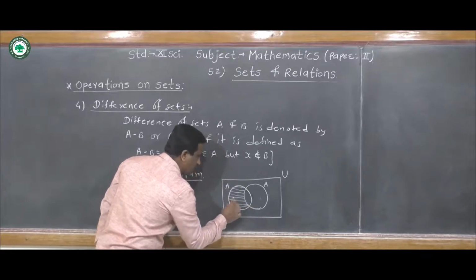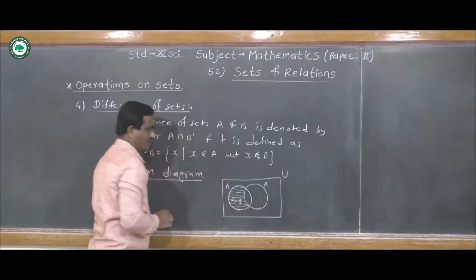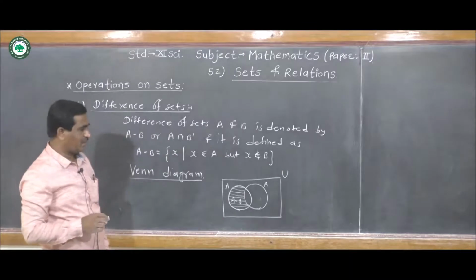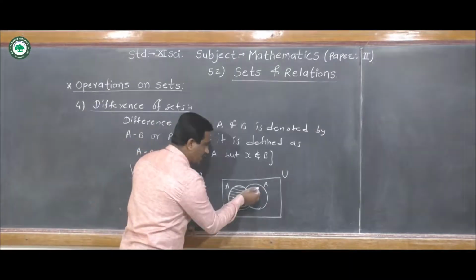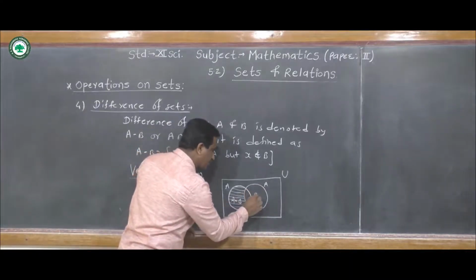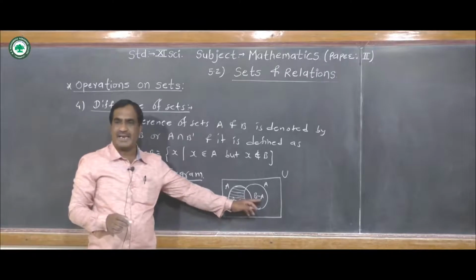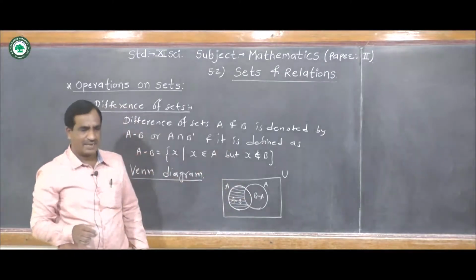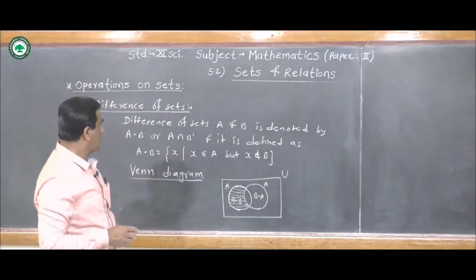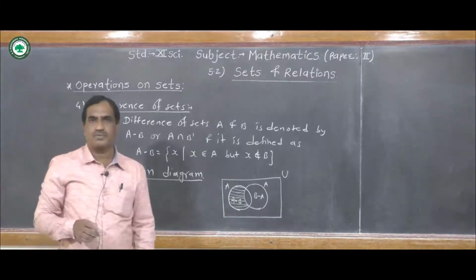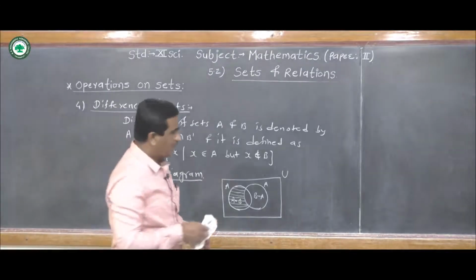This is the set for A minus B, difference of sets A and B. And this portion is the set B minus A, difference of sets B and A. Now this is the definition for difference of two sets. Now we see some notes here.